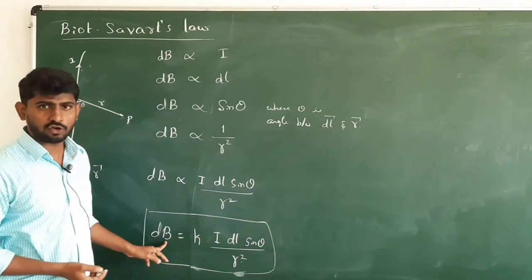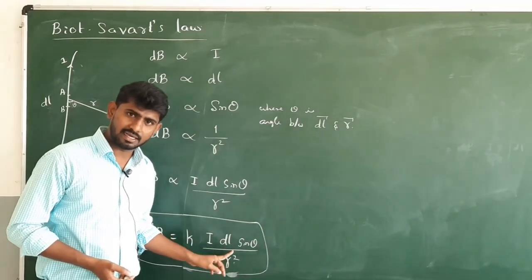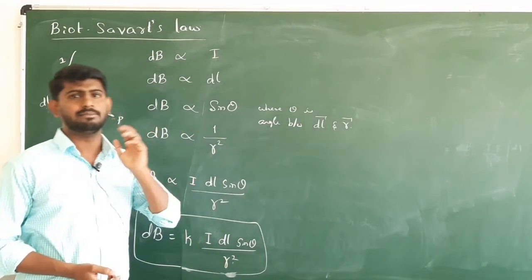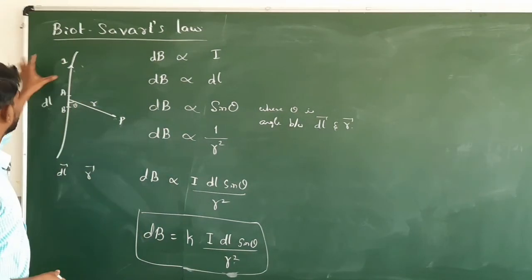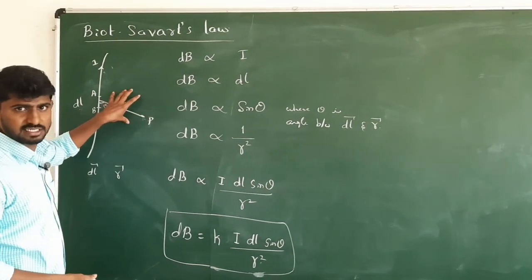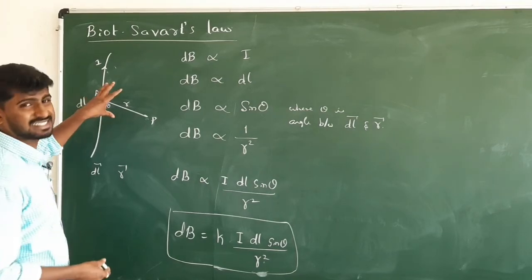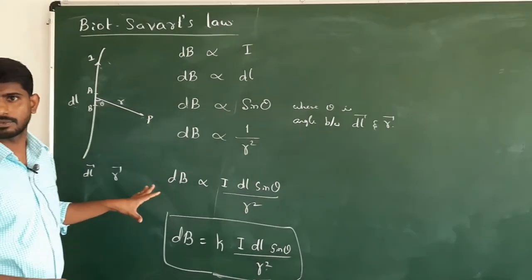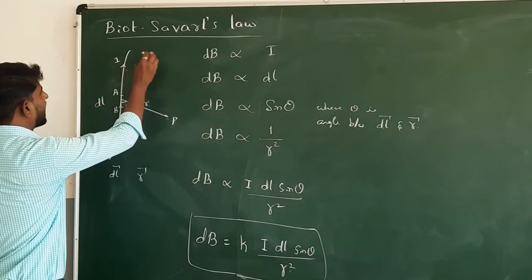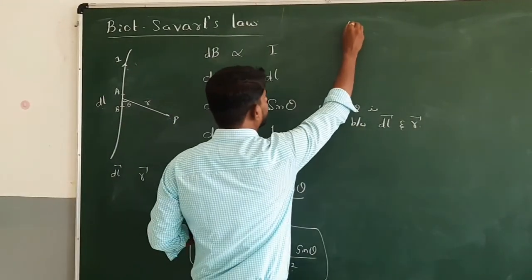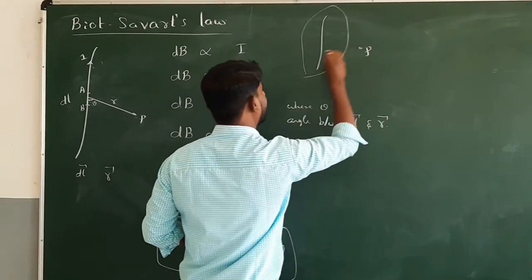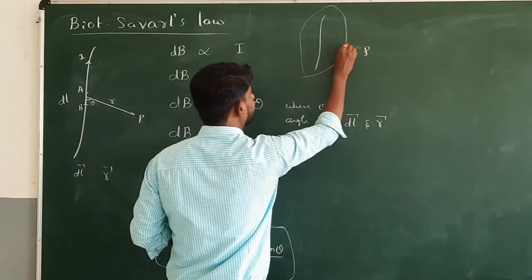For example, here we are considering it is in vacuum. Suppose I kept the entire system in a glass medium. I have taken a wire, and around that wire I put glass, and I am getting the magnetic field at this point.